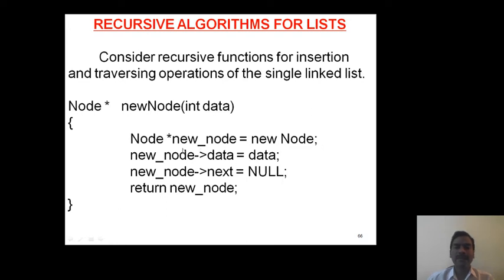At this time, when memory is allocated at runtime with the help of new, it consists of different parts. Those parts are filled as new_node arrow data is filled with data, new_node arrow next is filled with a null pointer. Then we return the address of new_node.